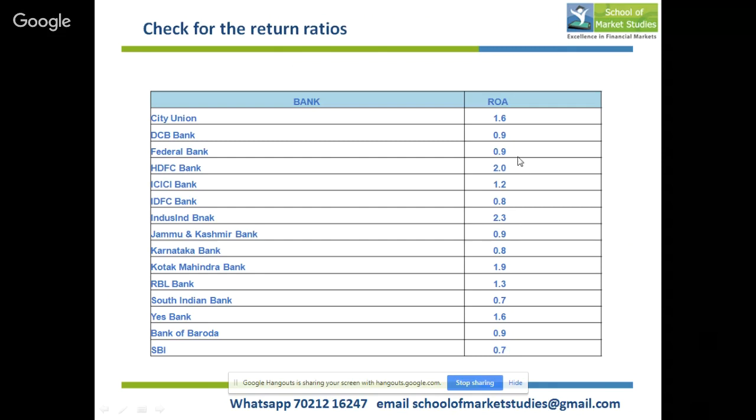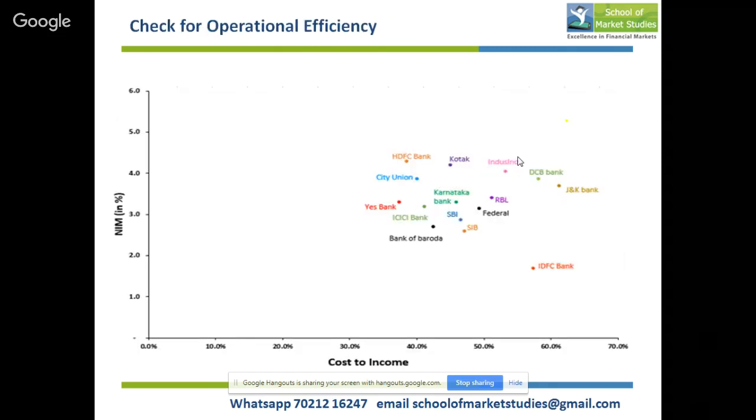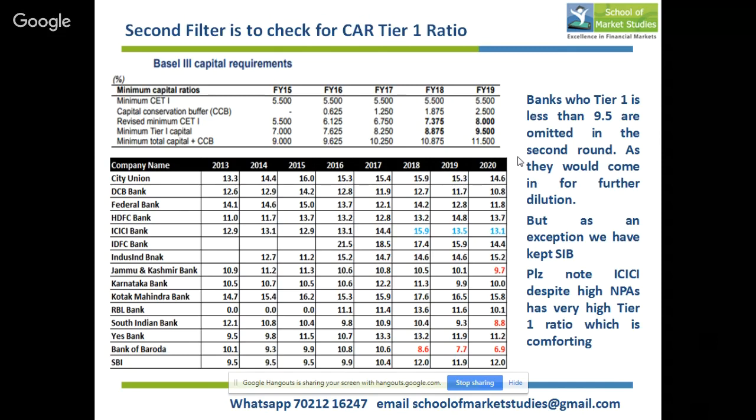But before we go here, let's go back a couple of slides and try to correlate these 3 slides to get a better picture. Okay. So here, what happened? Bank of Baroda went out of the picture. South Indian Bank remained out here, right?